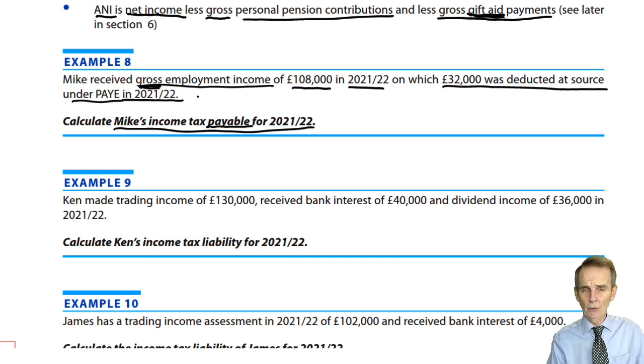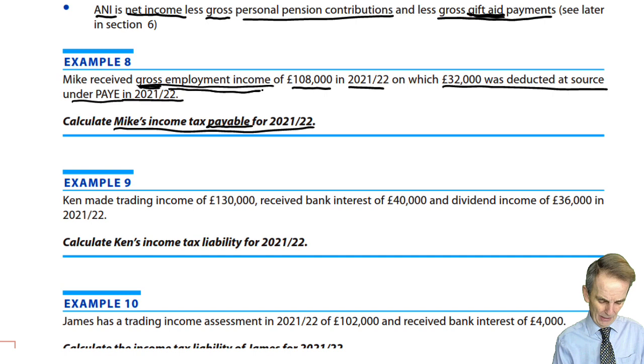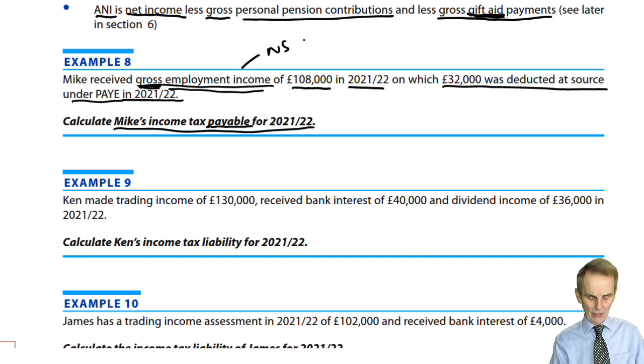Now this should be straightforward enough for you to be able to have a go at this particular exercise. We've only got one source of income, it's employment income. What is employment income? It's non-savings income. We have only non-savings income, it's 108,000.